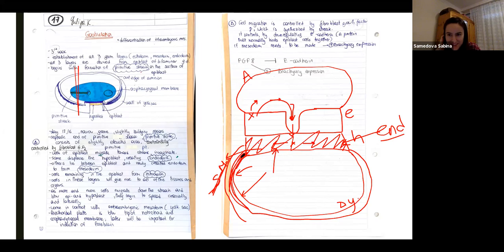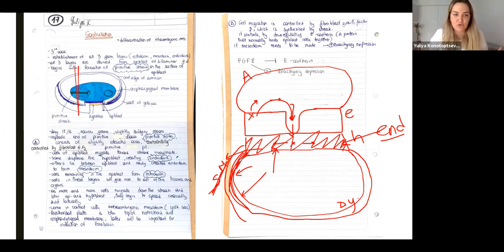Hypoblast gave rise to endoderm, correct? False. It's a false statement because it was displaced. It didn't do anything for the endoderm. Who gave rise to endoderm? Epiblast. Is that clear? Where is the hypoblast now? It's outside, in the splanchnopleuric mesoderm.